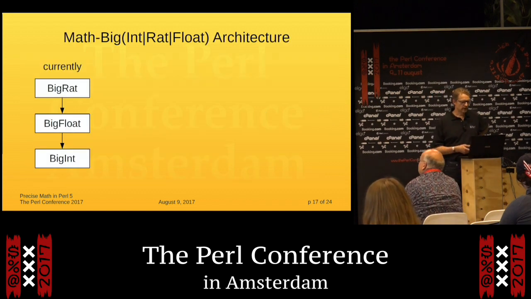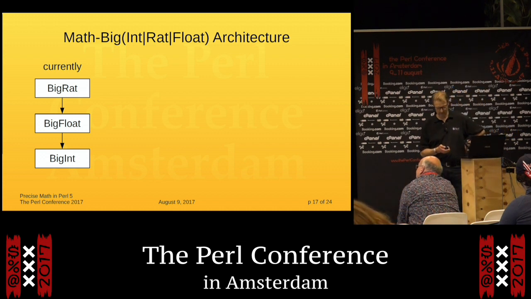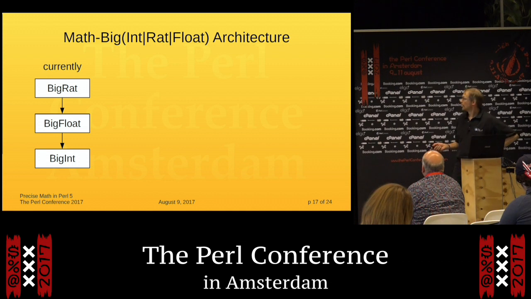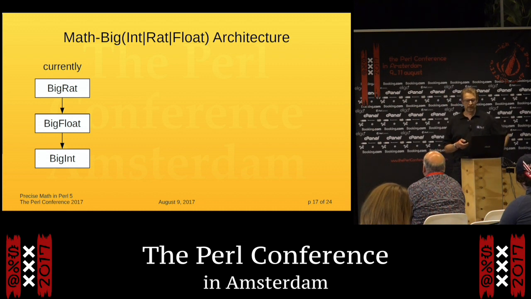The internal architecture of these three modules is surprising because BigFloat is a BigInt and BigRat is a BigFloat, at least this is the inheritance hierarchy, but either itself is overloaded to tell you, no, I'm a separate module.